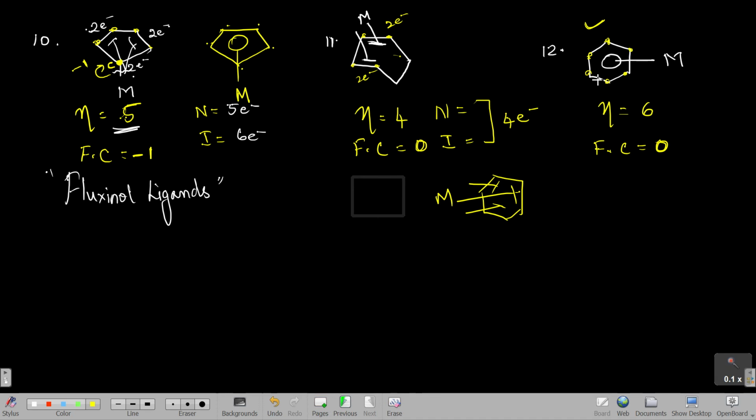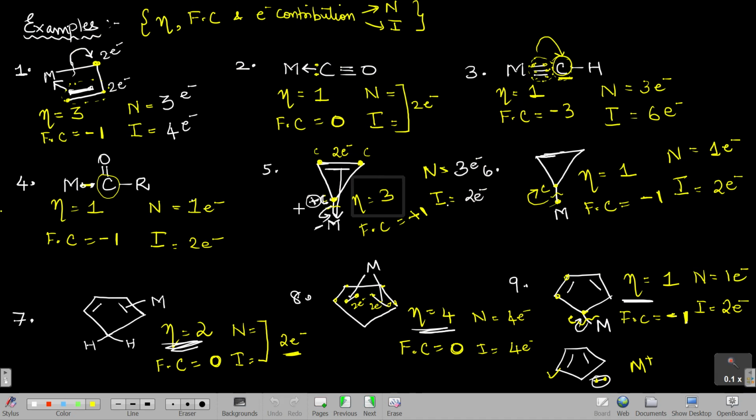That is why we put it like this. Now, we do the contribution, neutral method, ionic method. Since it is pi electron donation, either neutral method or ionic method, one pi bond will donate 2 electrons. Totally you have 3 pi bonds, so the total electron donation is going to be 6 electrons. This is the electron contribution through neutral method or ionic method.